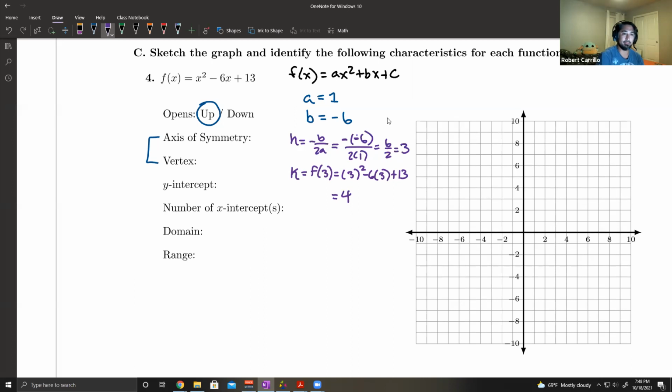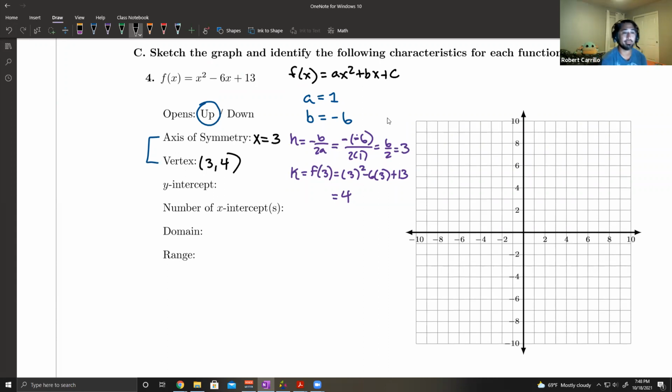Somebody double check that. Okay. So there's our vertex, we'll be at 3, 4. And remember, if you have the h value for your vertex, you have the same value for your axis of symmetry.